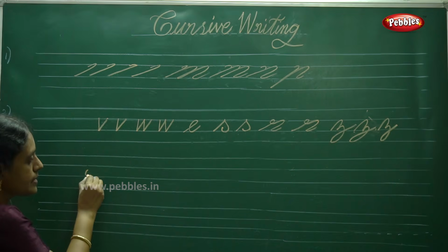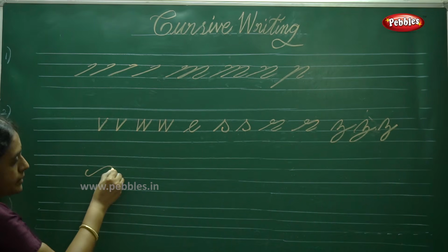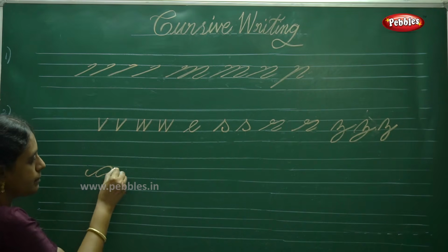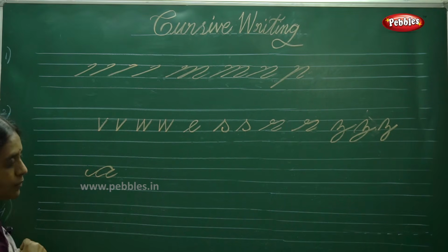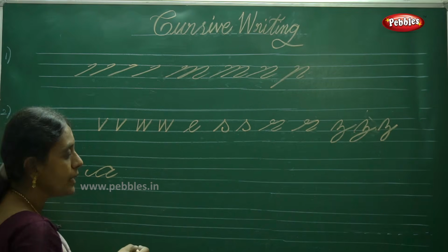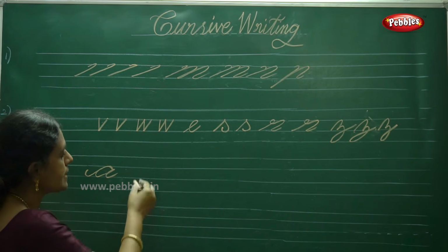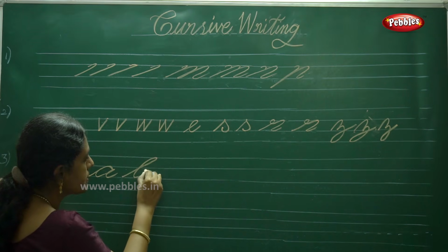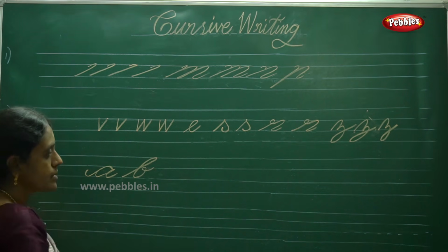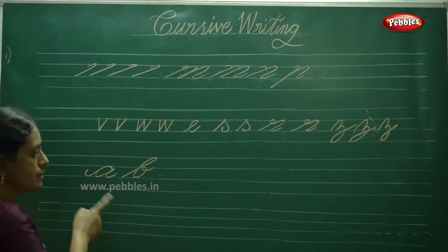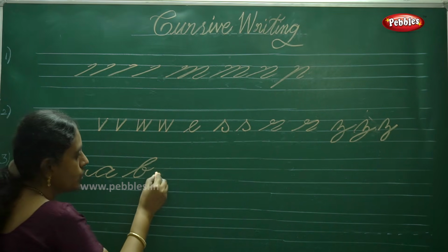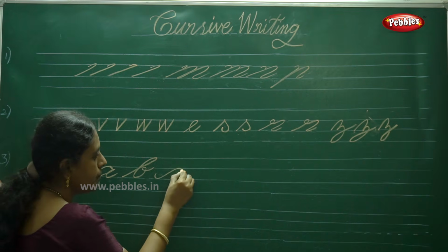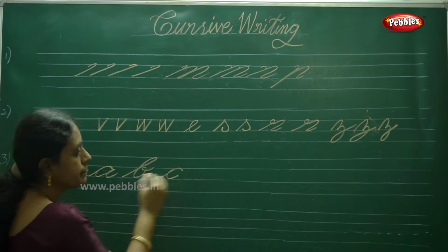That stroke S. Remember that S. Draw an oval shape and complete the A. Okay, then B. B starts from the L series letter, so you have to draw L. That is B. Understand? Then C. It's similar to A, so draw the S shape and C.